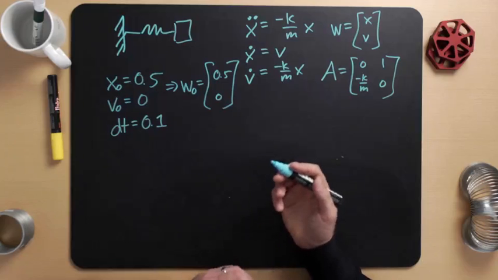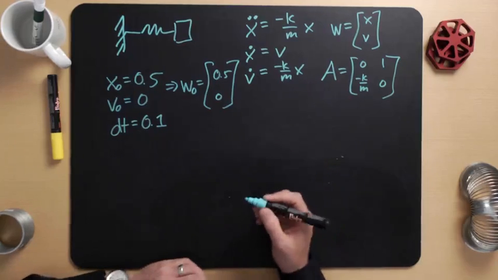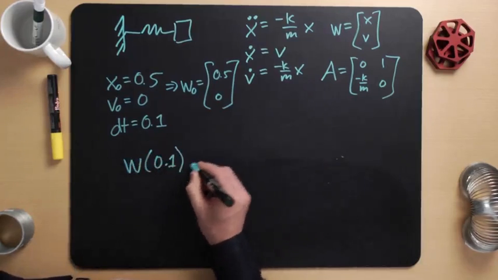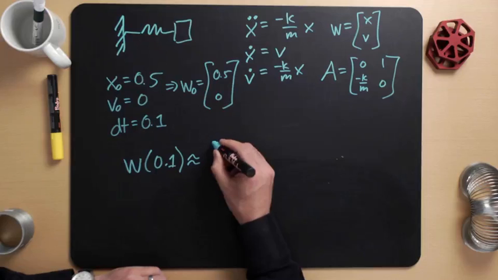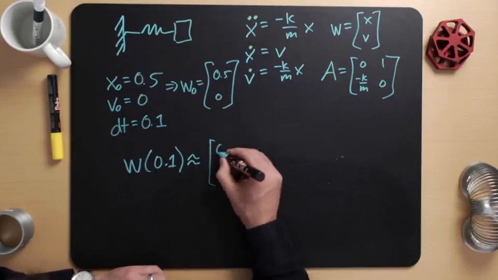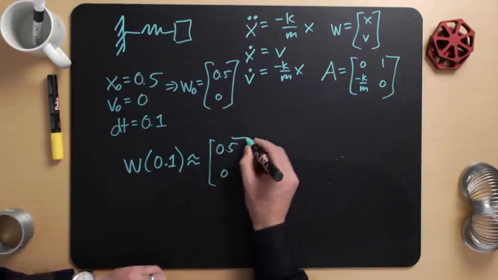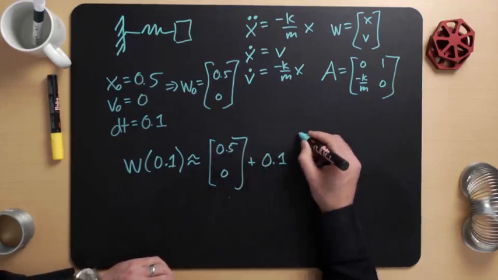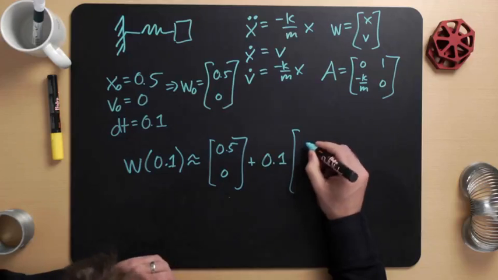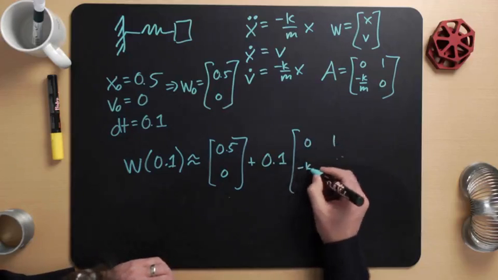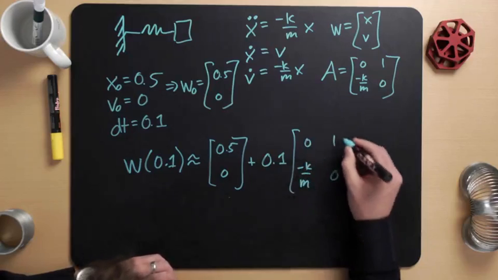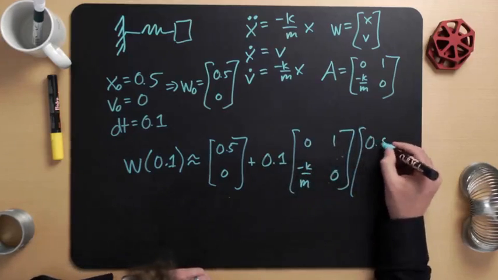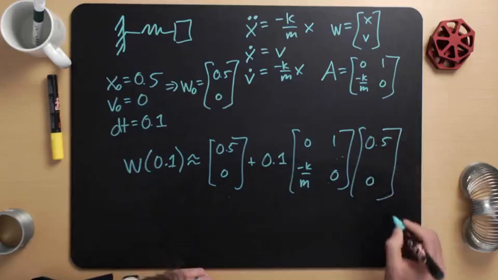We set w0 to be the vector of initial conditions of the two states, and then we find that w of 0.1 is approximately equal to w at time 0, which is 0.5 and 0, plus dt, which is 0.1, times A, which is 0, 1, minus k over m, 0, all times w at time 0, which is again 0.5 and 0.